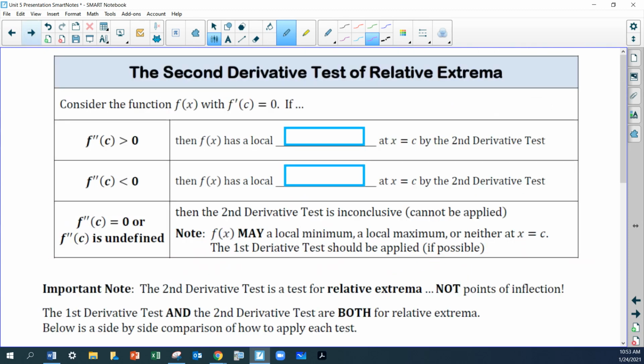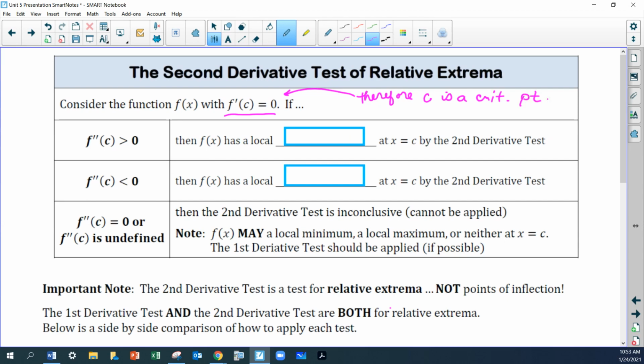So here is kind of formally the second derivative test of relative extrema. Consider a function f of x with f prime of c equal to 0. So we know our first derivative is 0, which tells us we have a critical point, right? You might even want to just make a note. Therefore, c is a critical point.